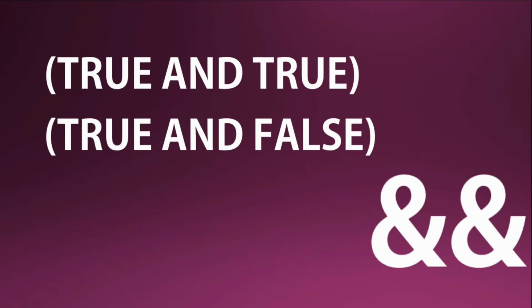On the other hand, if one of the two conditions is not true, then the entire statement becomes false. So if condition A is true and condition B is false, well, then the entire statement becomes false. The AND operator requires true on both sides of that.